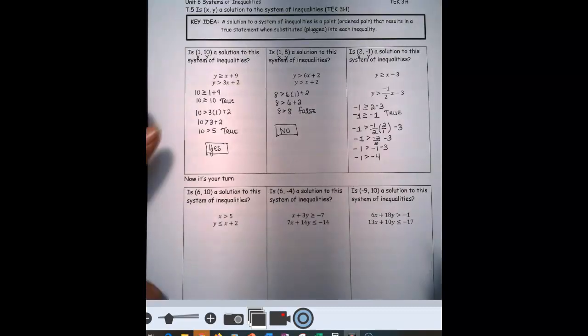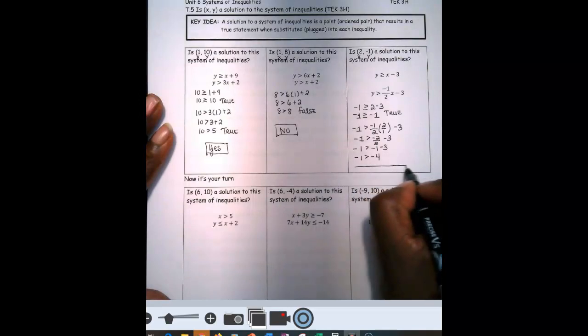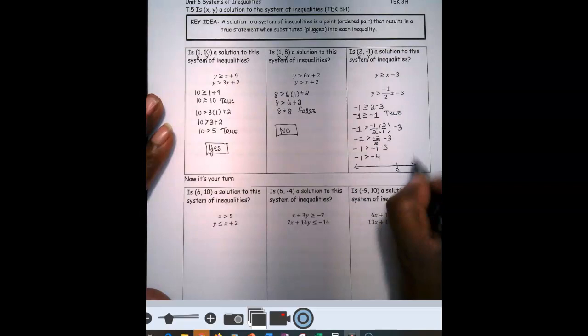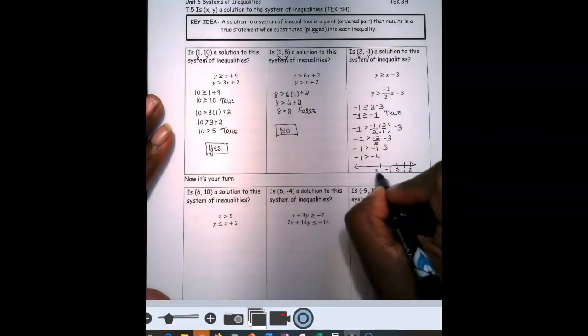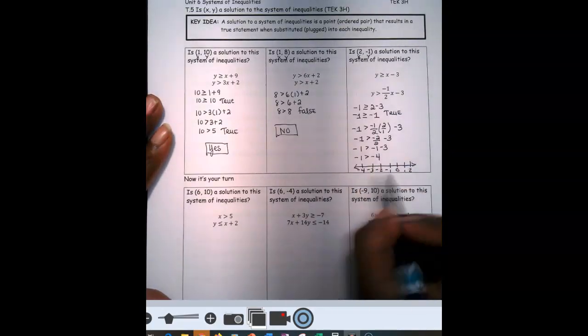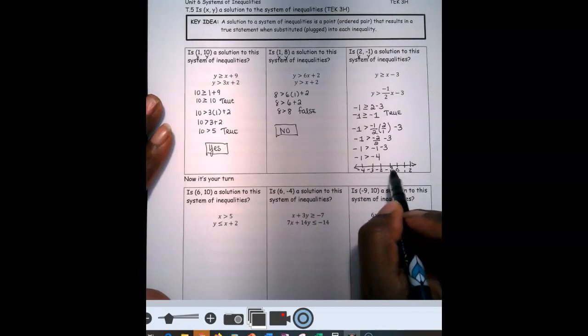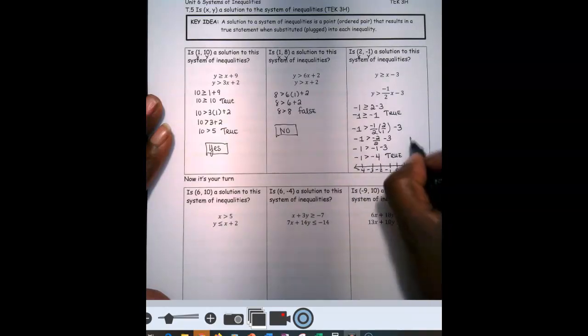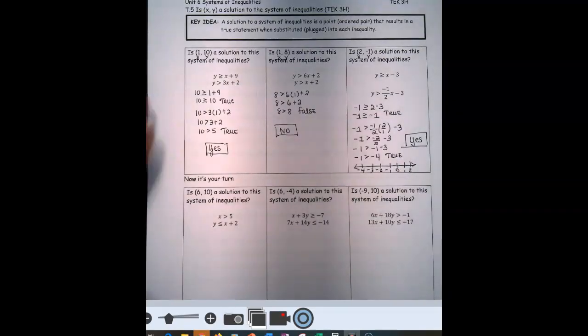So if you think about the number line, let's say this is 0, and this is 1, and this is 2, negative 1, negative 2, negative 3, negative 4. Well, negative 1 is obviously greater than negative 4 because it's closer to 0. So this would be a true statement. So yes, 2, negative 1 is a solution to our system of inequalities.